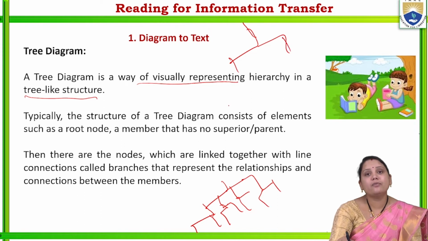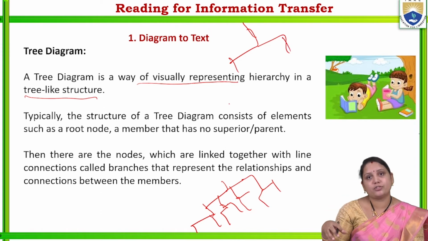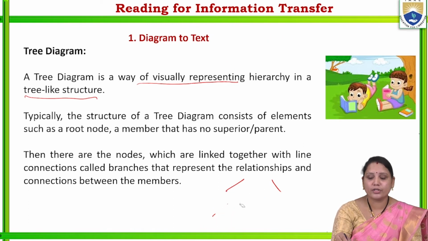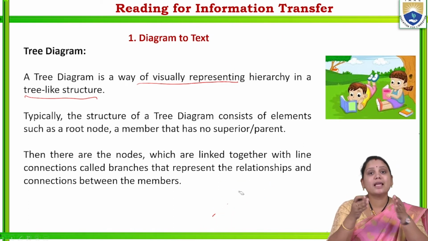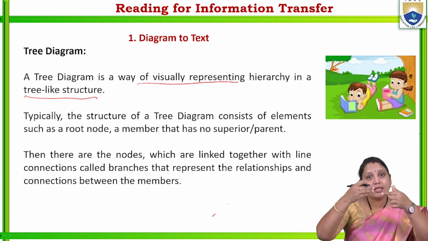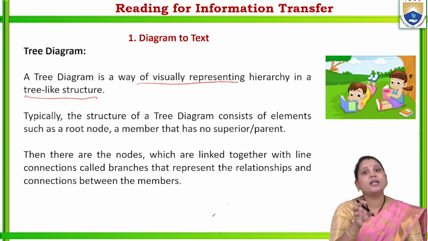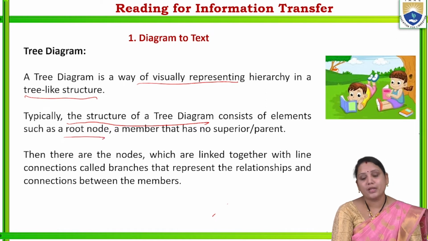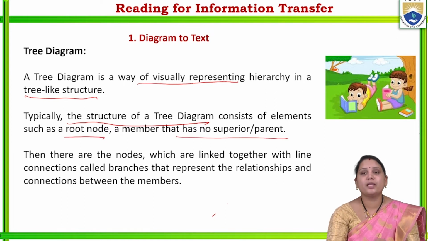Then under diagram to text, what are the elements you are going to do? And under text to diagram, what are the elements you are going to do? So you will be segregating the points in the way of branches when it comes to the tree diagram. Now, typically the structure of a tree diagram consists of elements such as the root node, a member that has no superior or parent.